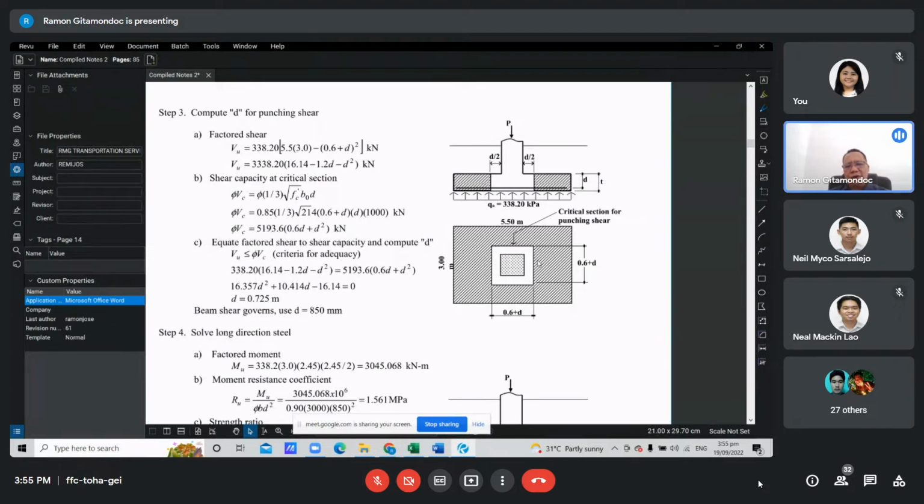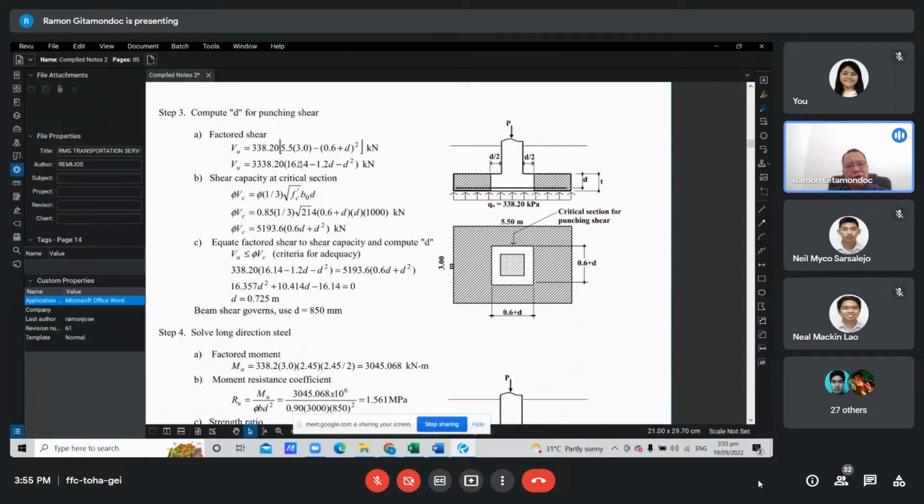Since the column is square, then it is 0.6 plus d. Now we solve for the shear force that will act at this critical section. That would be the net ultimate upward pressure multiplied by this tributary area, which is the area of this big rectangle minus the area of this square.